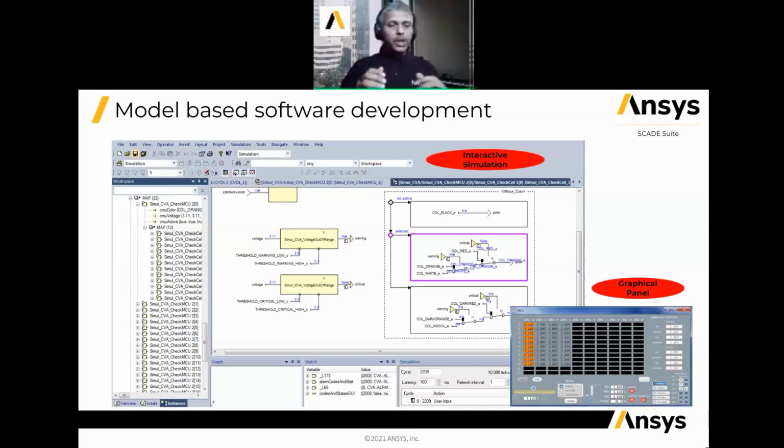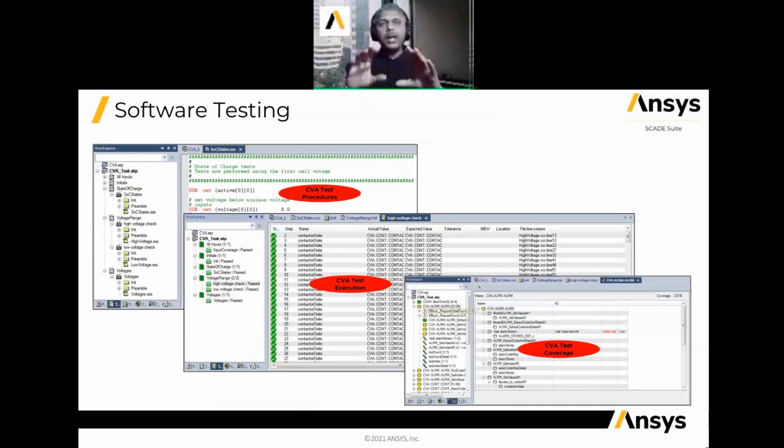And here, this particular solution, Ansys SCADE software, helps you in generating the application that complies with the requirements of ISO 26262 and gives you deterministic code generation that will increase the overall confidence that you have in the vehicle, and at the same time will help you achieve compliance with the ISO 26262 standard.